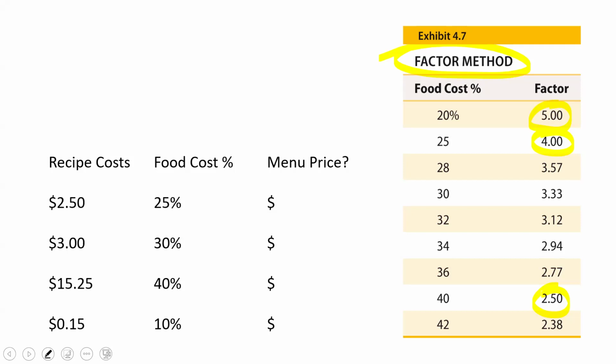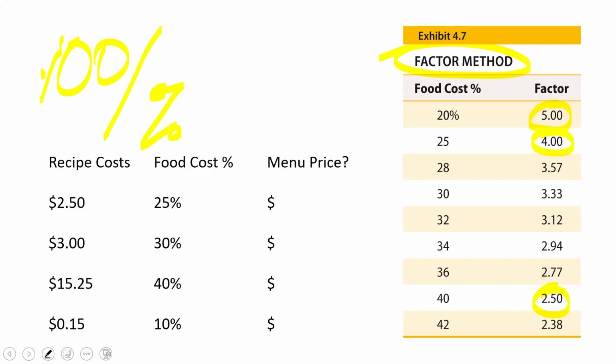So if we look on our notes page, let's see, I think we'll jump to number 5 for the factor method. Is that correct? Let me grab a blank page so I can follow along. Nope, sorry, number 4. Number 4, the factor method. We need to divide 100 by the percentage.